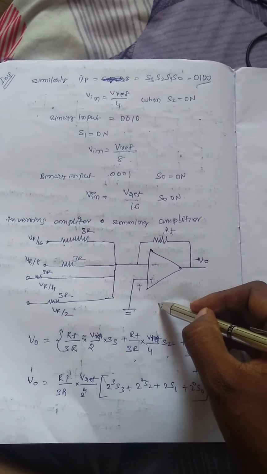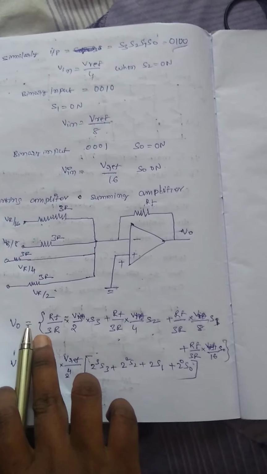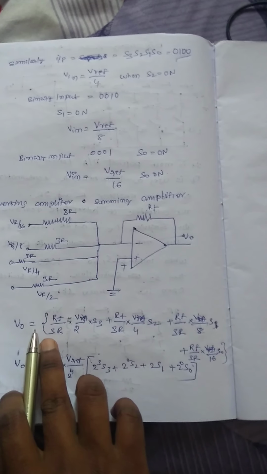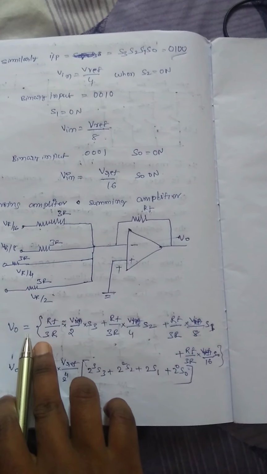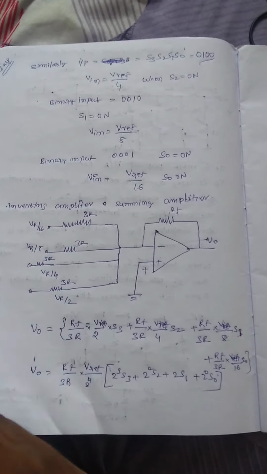Here it is an inverting amplifier, so the output is equal to minus Rf by R1 into Vin. We have different types of input. This is a summing amplifier.